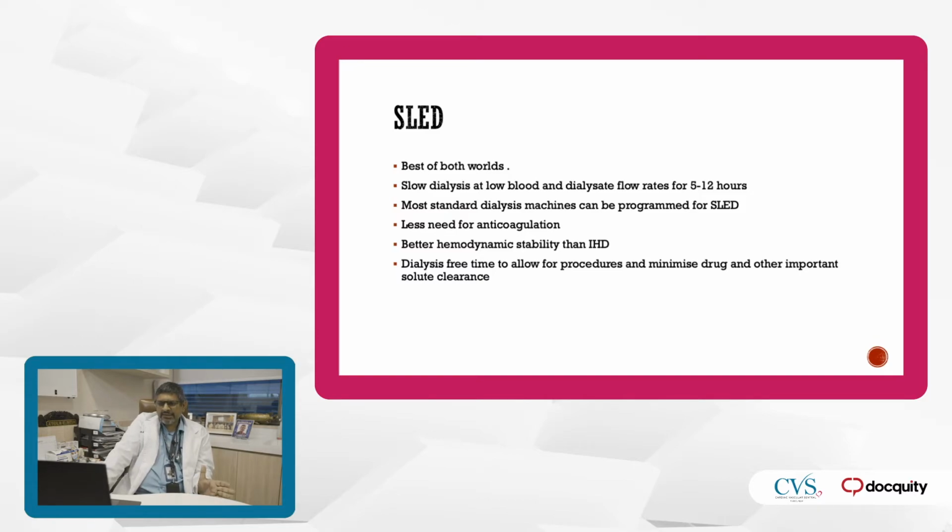And because the period is limited, about 8 to 12 hours, there's dialysis-free time available, which can be used to administer drugs as well as do certain procedures. Compared to CVVH, you have about 12 to 16 hours where you don't do any dialysis.